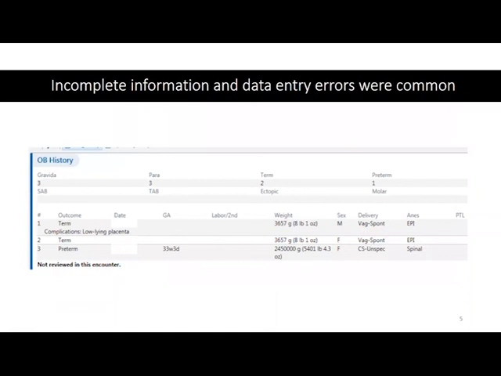We also had issues with the medical record. For instance, I work with deliveries. Sometimes a woman will come to the hospital and have a C-section, but it was not specified what type of C-section she had. A classical C-section goes vertical from your belly down.